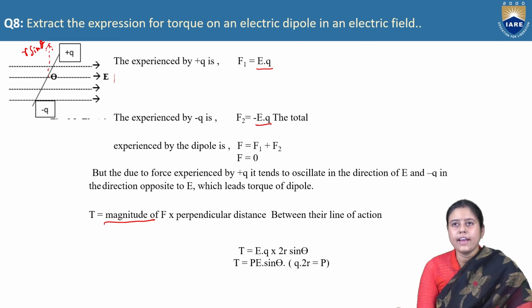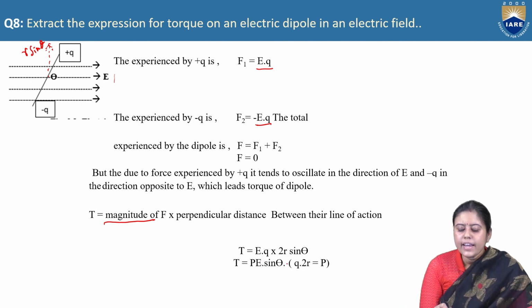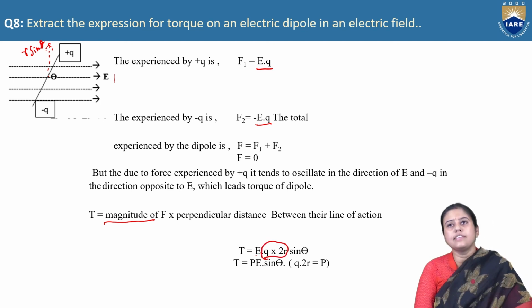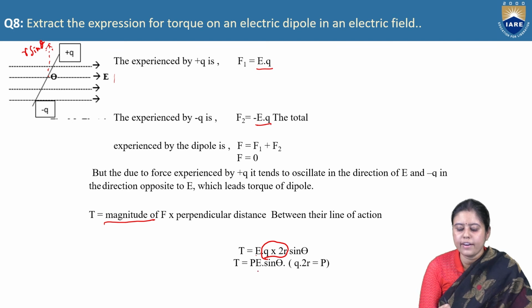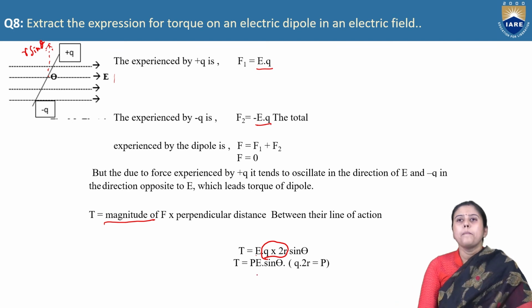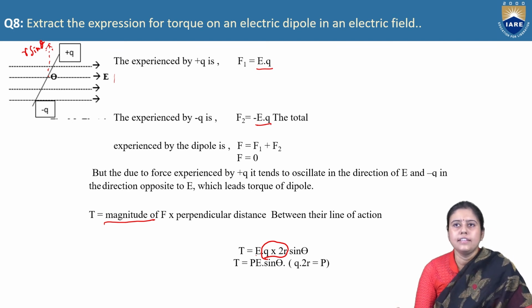So we can write again EQ into 2R, Q into 2R. Q into distance is nothing but the dipole moment. So we can write T is equal to P E sin theta. What is E? What is P? P is the dipole moment.